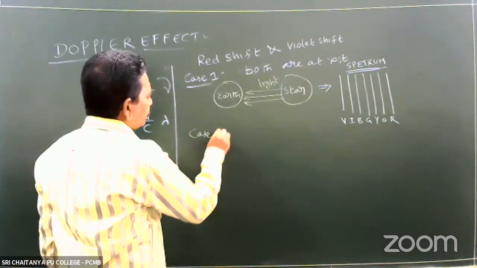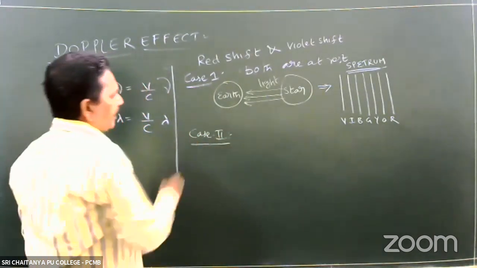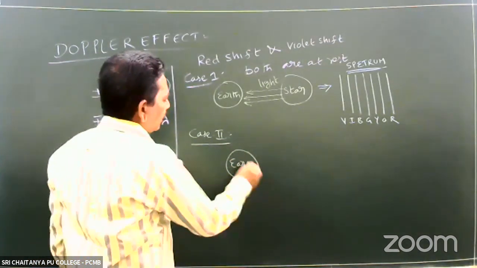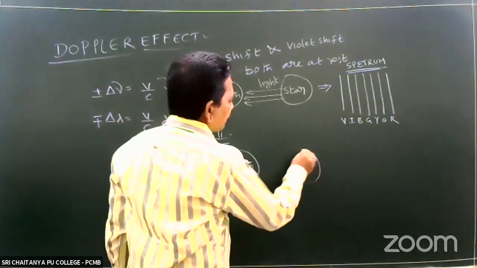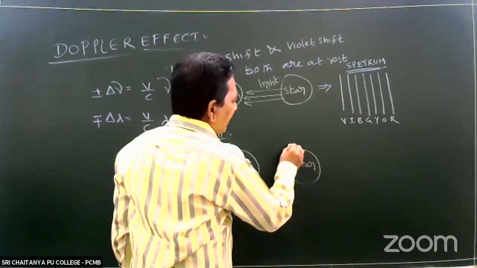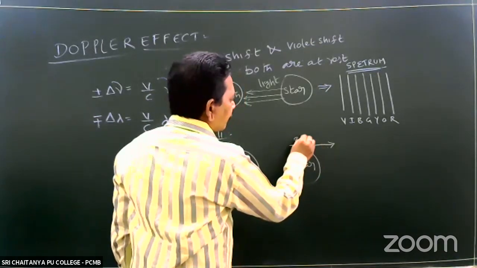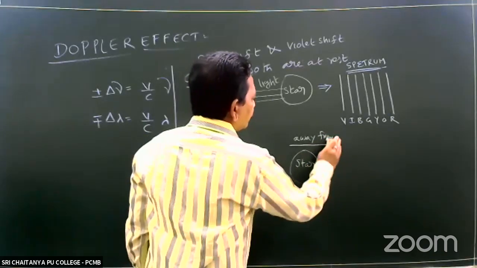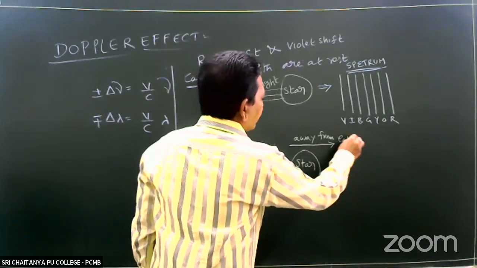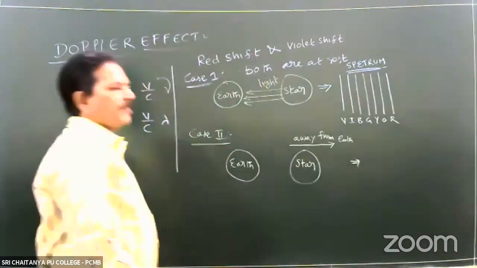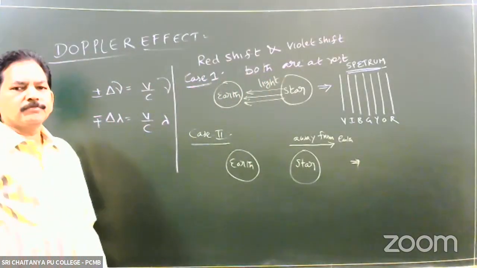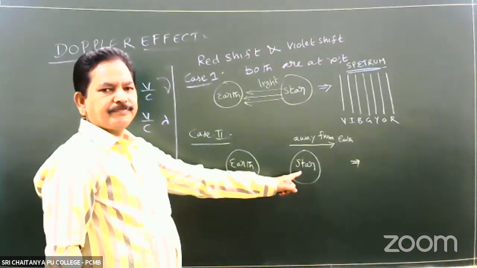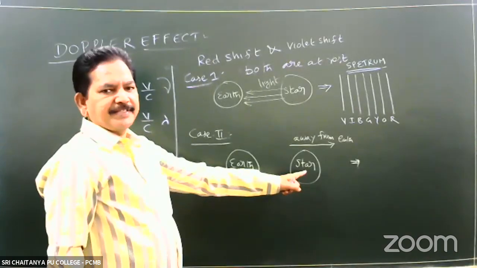Now take case 2. With the diagram, we can understand everything. Now this is the star moving away from the Earth with some velocity v, emitting the light of the same frequency.